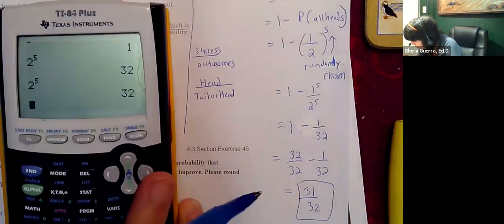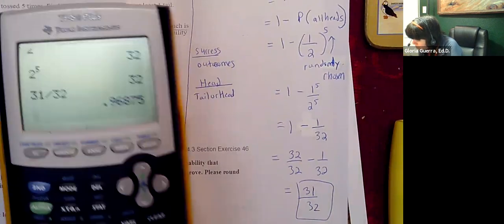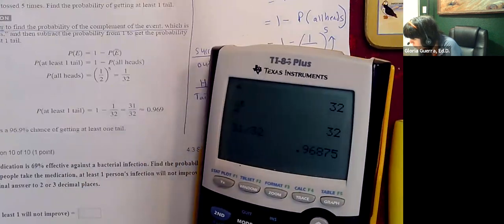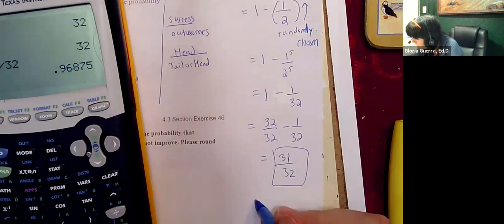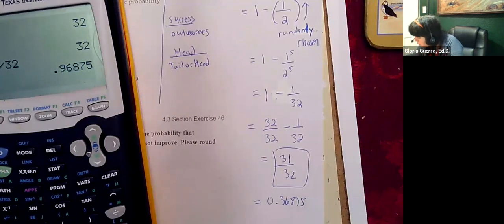Let's see. 31 divided by 32. Tens, hundreds, thousands.